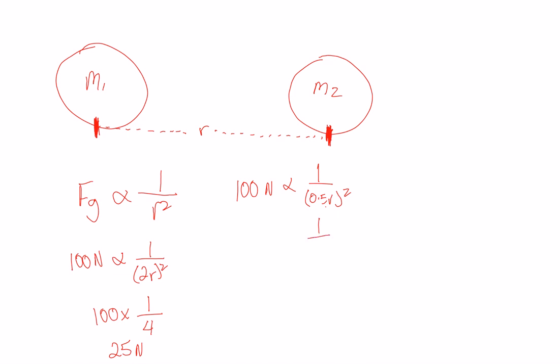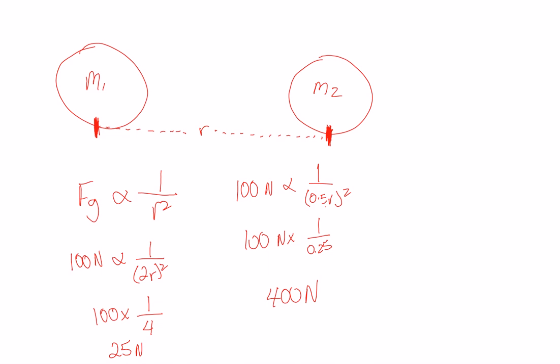So that would give you 1 divided by 0.25, which is the same thing as multiplying by 4. So if we go 100 newtons divided by 0.25, we'd actually get 400 newtons. So if we double the distance, we get 4 times smaller. And if we halve the distance, we actually get 4 times bigger, just because of that whole squaring idea.